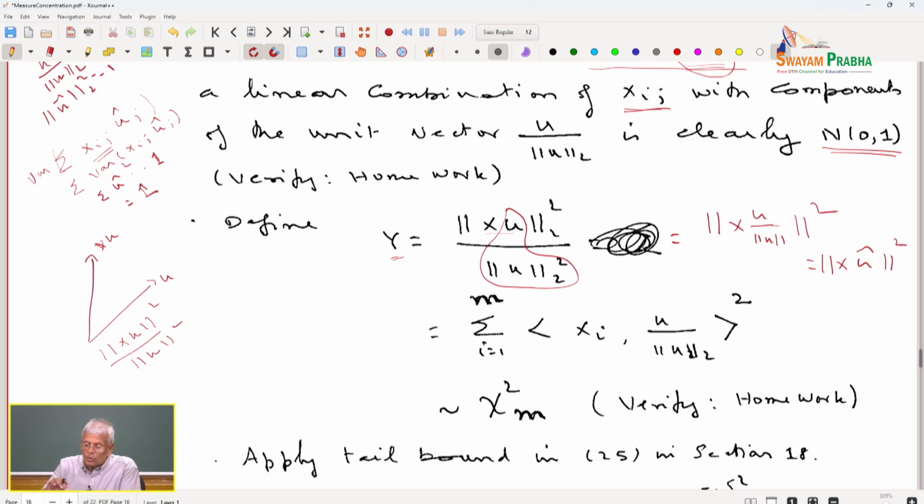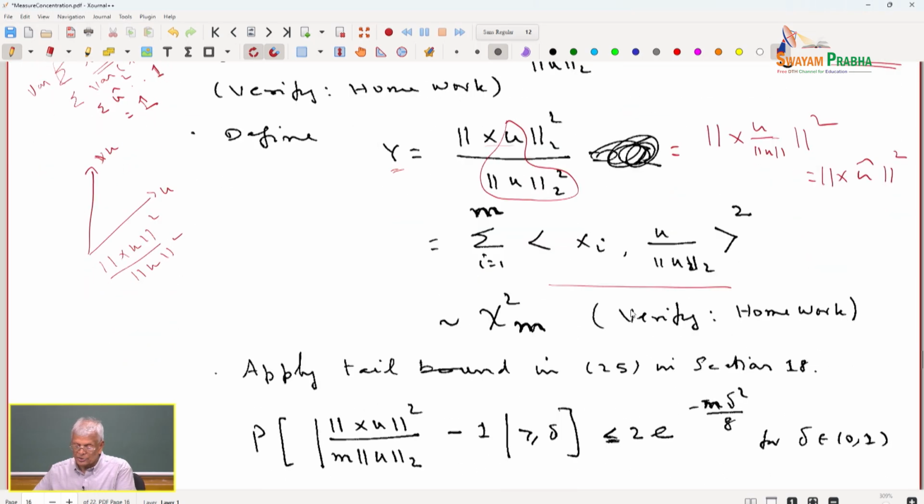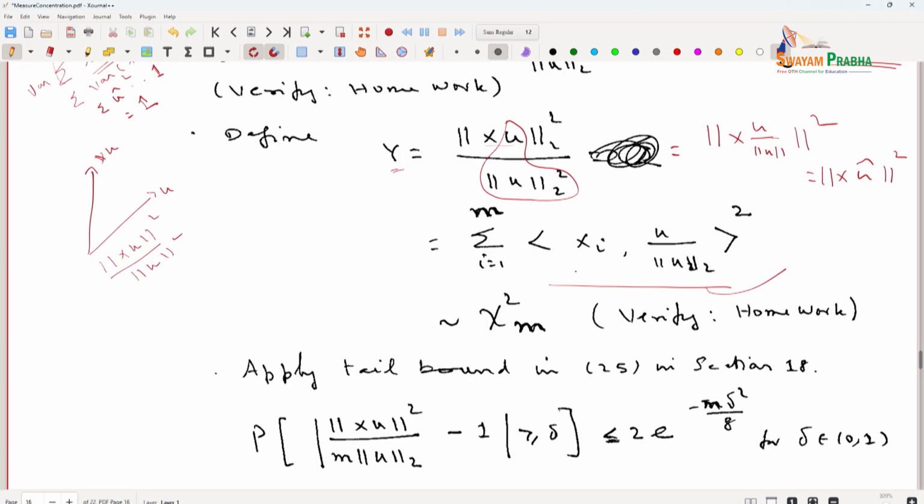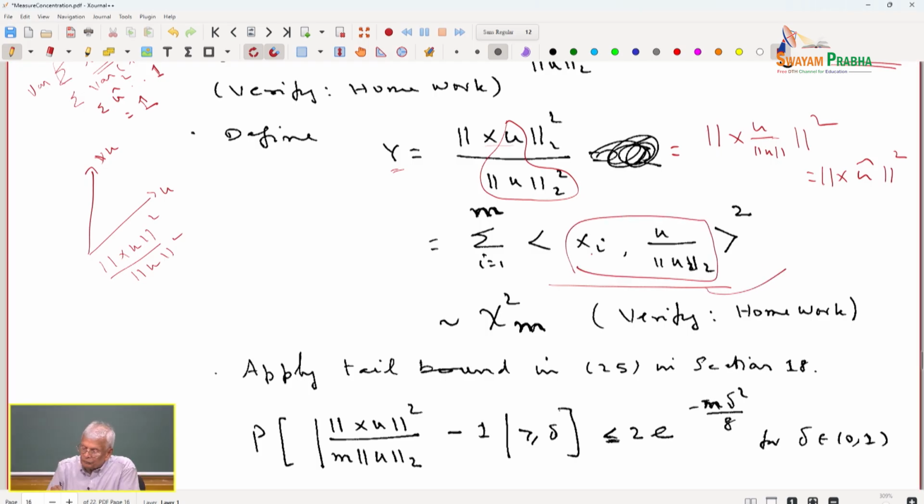And x u hat whole square is something we have calculated earlier. So this random variable y is simply the square of the inner product of xi with a unit vector along the direction u. And we just saw that each of these is a random variable.